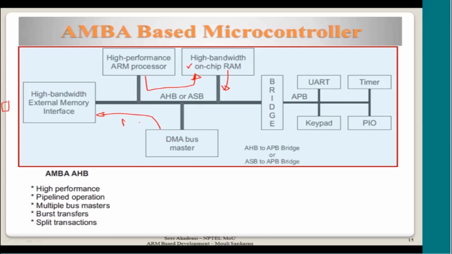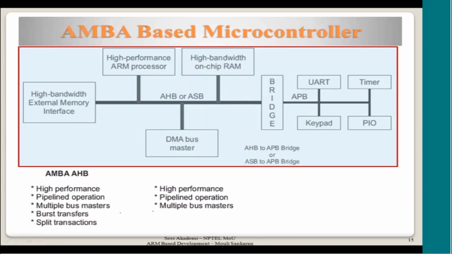So an address can be put here, and it will be resolved for it to write something, maybe from RAM to external RAM, or from some other peripheral or another processor connected here, or from memory to peripheral, whatever it is. So when multiple transactions happen, they can be pipelined. That's the advantage of the AHB bus.